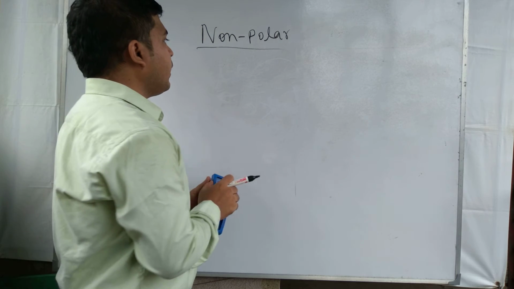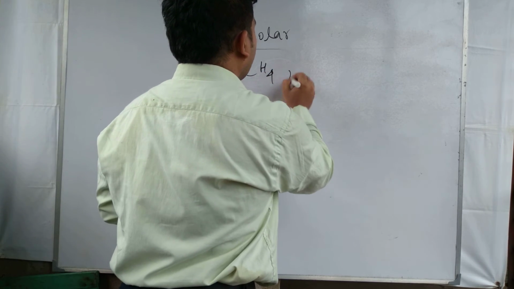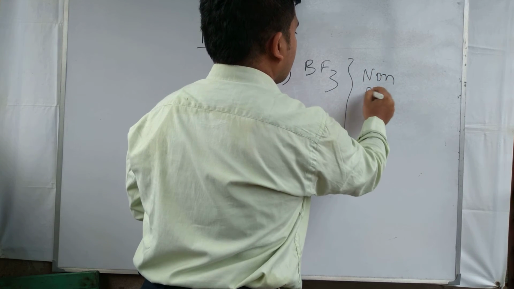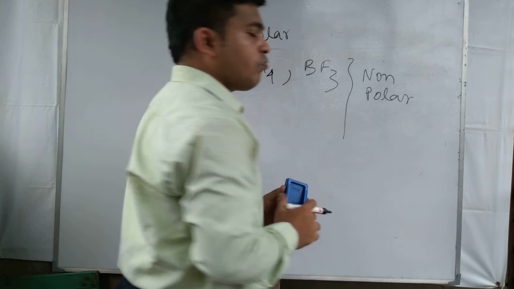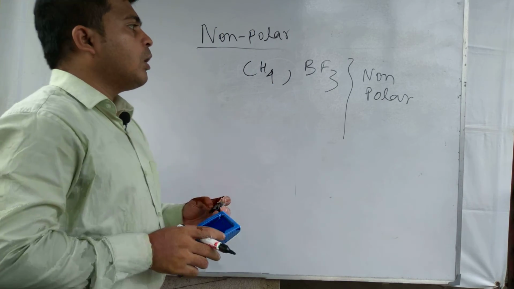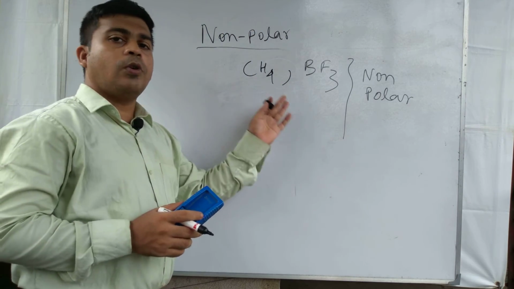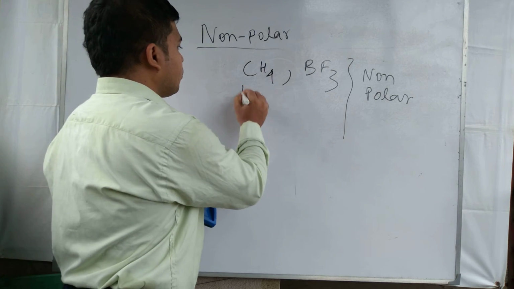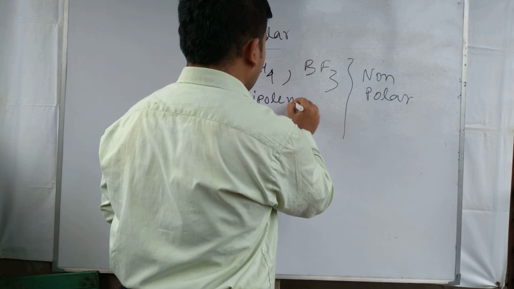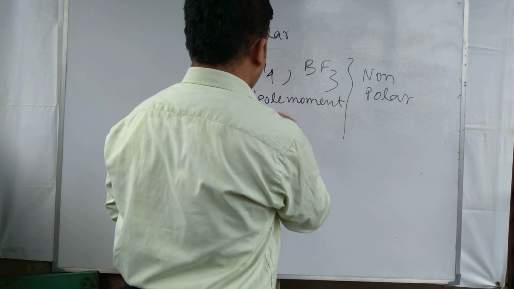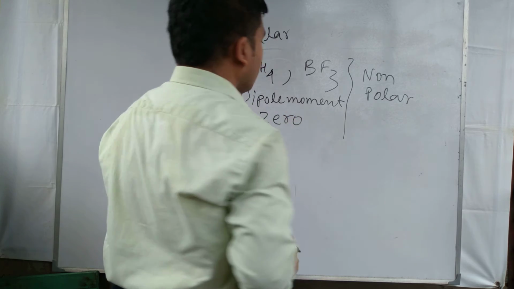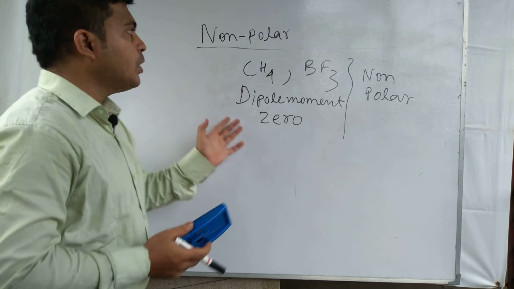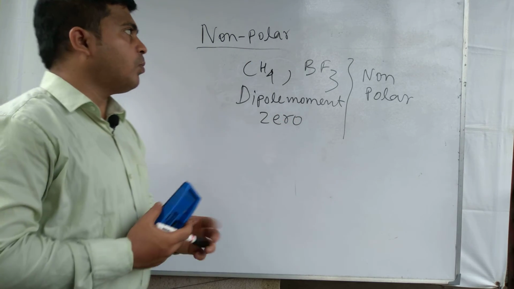Molecules like CH4 and BF3 are non-polar because the polar bonds are present but their dipole moment is 0, so the molecules have no polarity, but each bond in these molecules is polar.